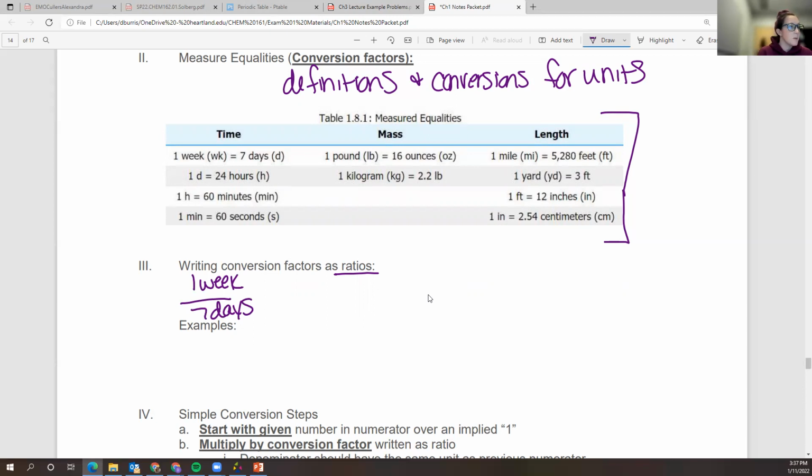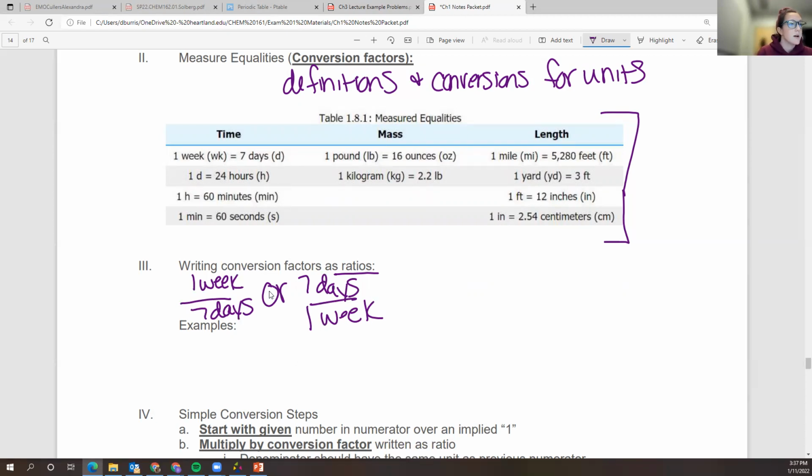So if I multiply something by this ratio, I'm really multiplying it by 1 because these are the same thing. So this is why this whole thing works. So I can write it this way, or I can write it this way. 7 days is the same thing as 1 week. Okay, they mean the same thing. I can just pick whichever one I need in order to get my math to work out and my units to work out. So you're going to see how I'm going to do that.